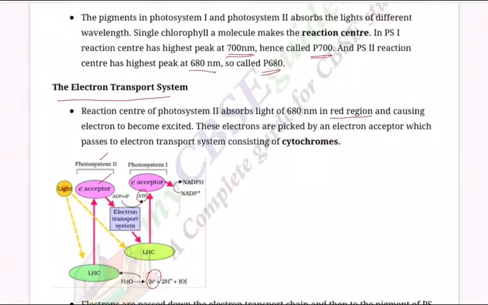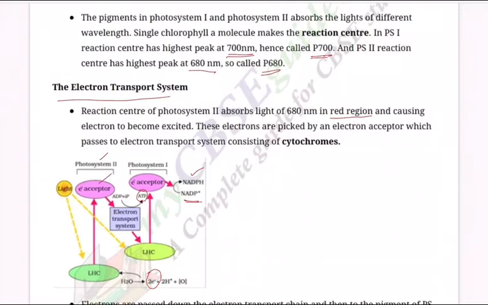And from LHC, electrons enter into photosystem 1, that is P700. Again, the electron acceptor, having the electrons to flow, helps in conversion of NADP plus into NADPH, which is again an energy rich molecule.